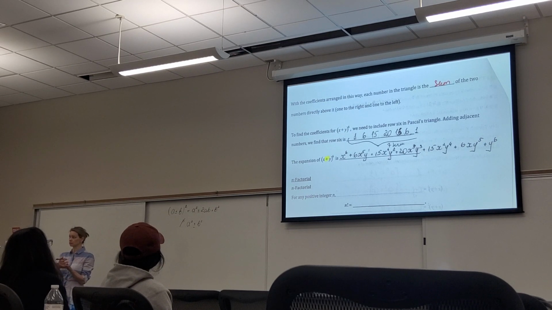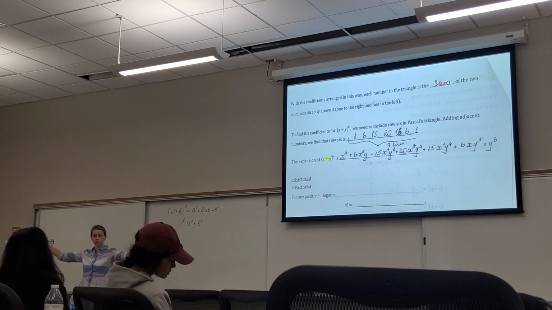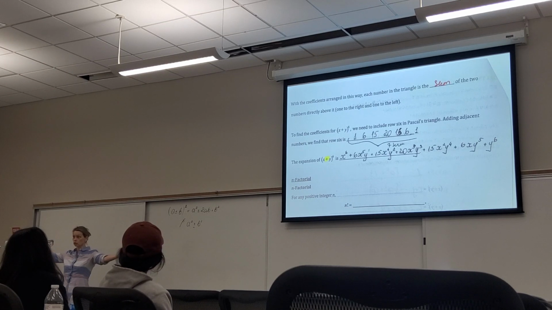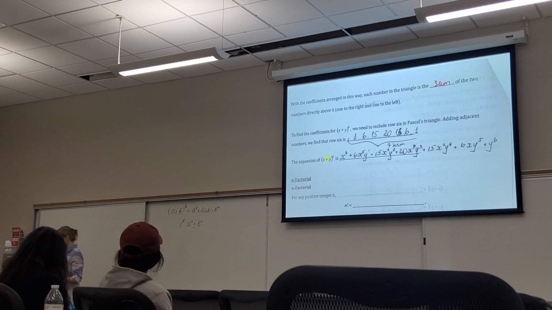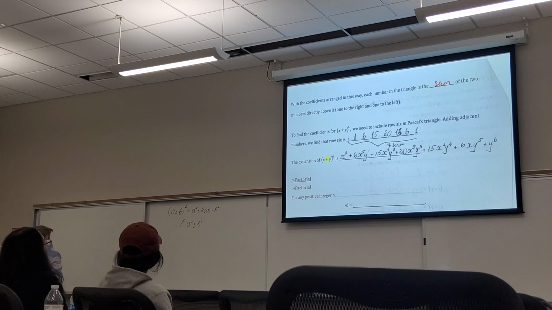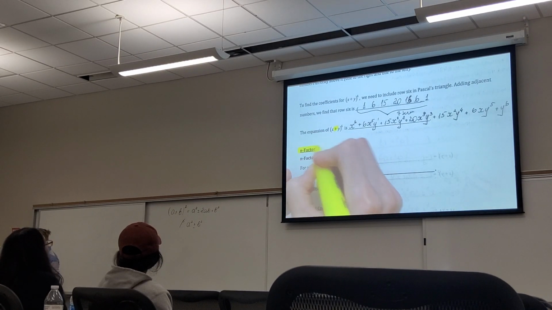Like we did with arithmetic and geometric sequences. If I have a 377th term, am I going to sit and add my difference 375 times? Of course not. Or for a geometric sequence, am I going to multiply? Of course not. So we are looking for a shortcut. And this shortcut is another new idea. It's factorial.